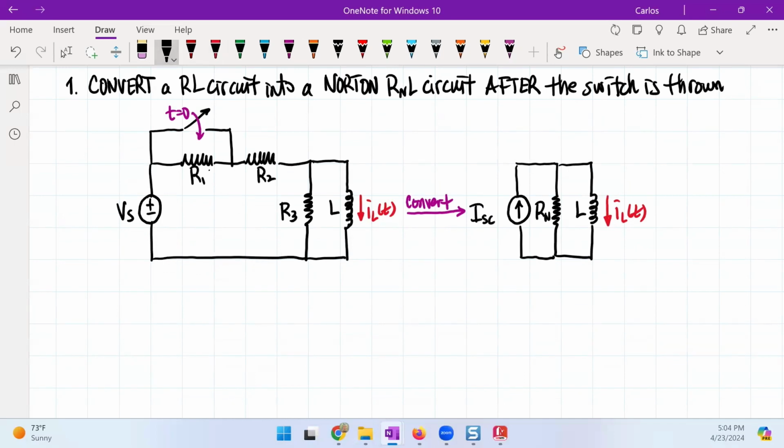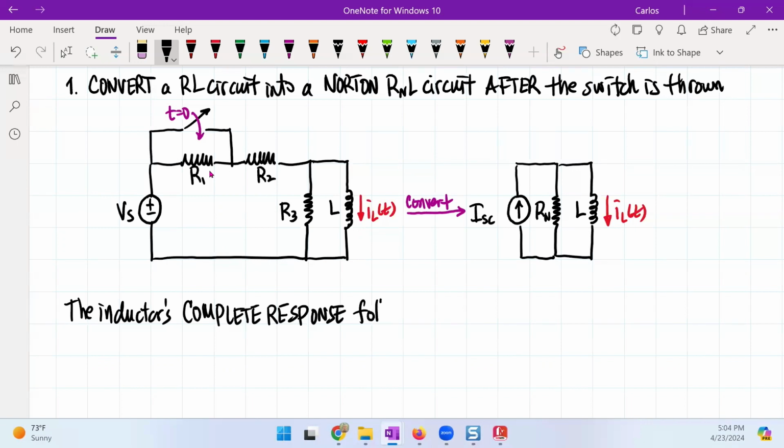So then there are 3 stages. The inductor's complete response follows the same process as the RC response.